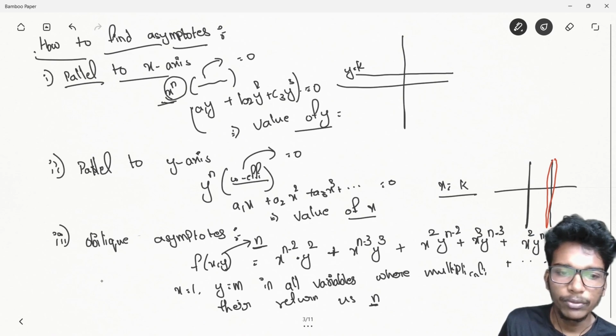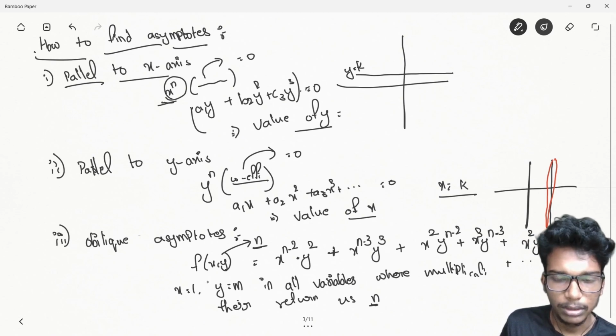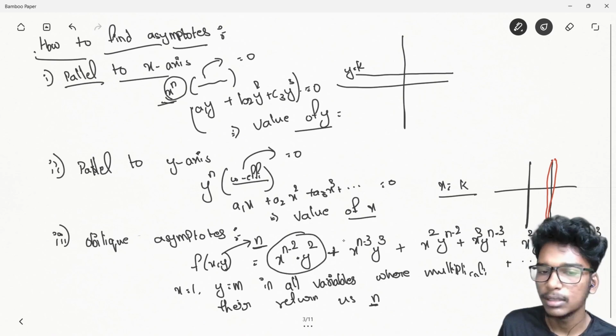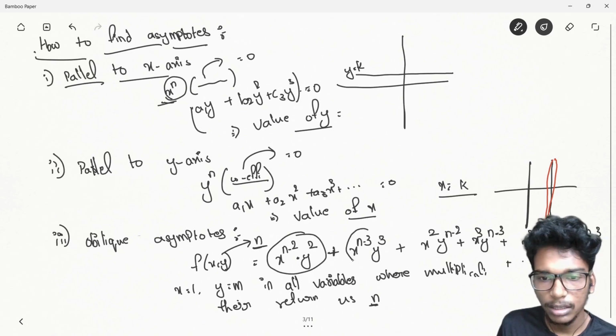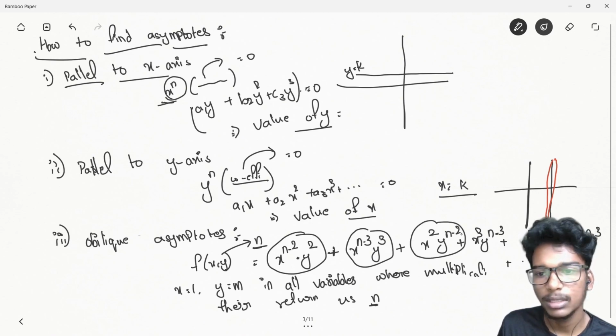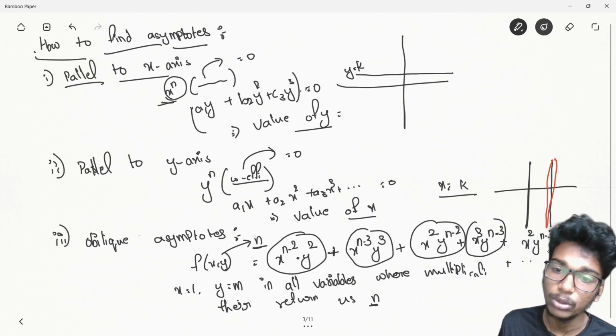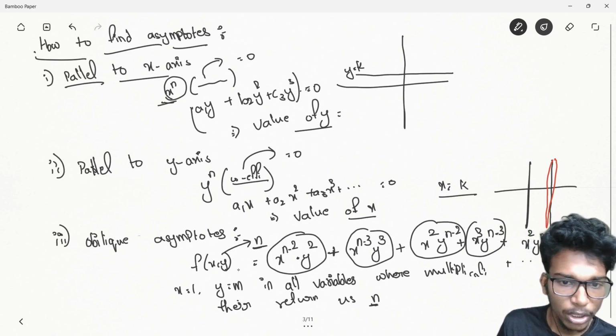Then we will substitute these values. This combination is going to give us the output n. This combination also gives n. This also gives n. But these combinations are not going to give us n. So we will substitute these values.